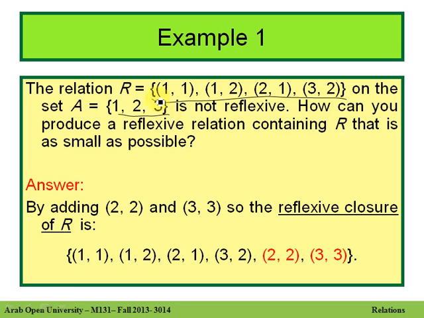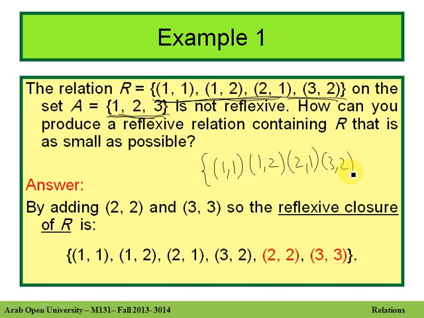So which are the elements missing in the relation R to make this R reflexive? 3 3 and 2 2. So we are going to add to this relation 1 1, 1 2, 2 1, 3 2.